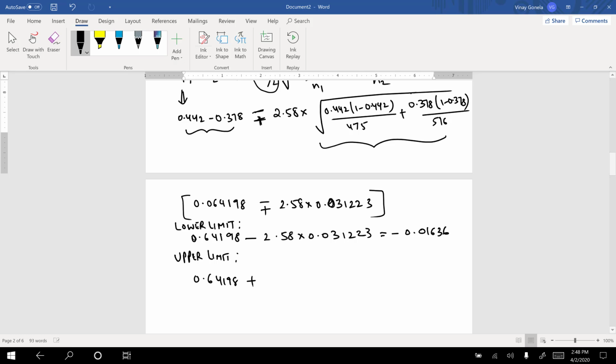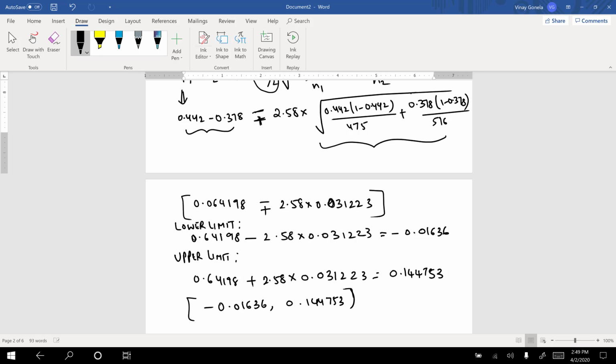0.064198 plus 2.58 multiplied by 0.031223, and this is going to give you 0.141444753. So our limits are negative 0.01636 and positive 0.1444753.